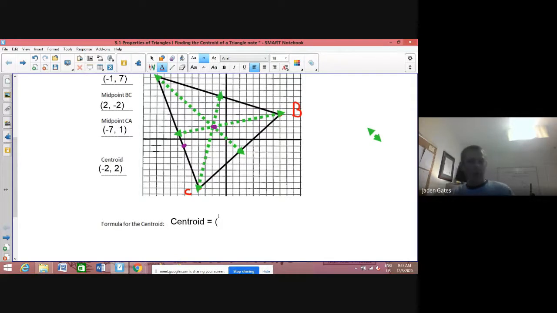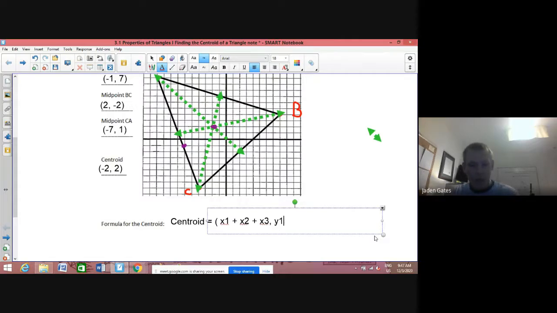We added up the y-coordinates divided by 2. But guess what? For the centroid, we're looking at the center of a triangle. We have 3 points. So for the centroid, we're going to add x1 plus x2 plus x3. And then we're going to divide by 3. We're going to find the average of those 3 numbers.